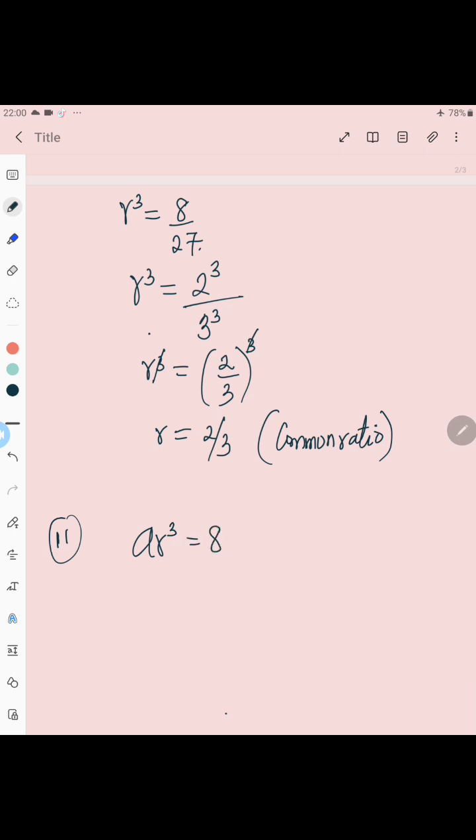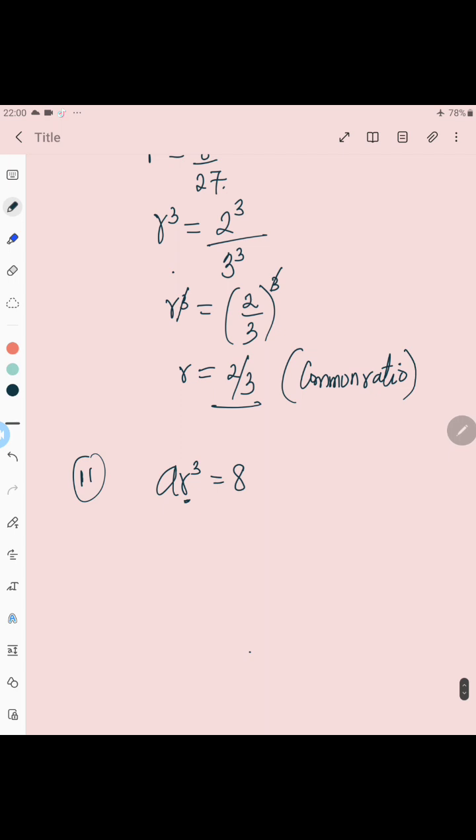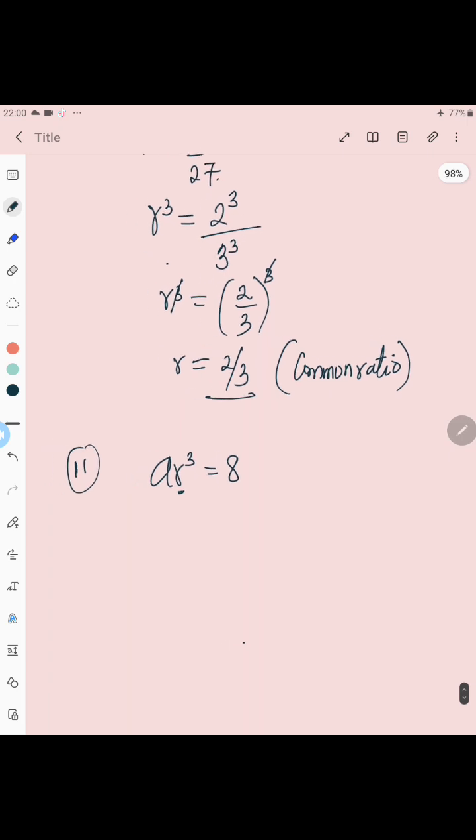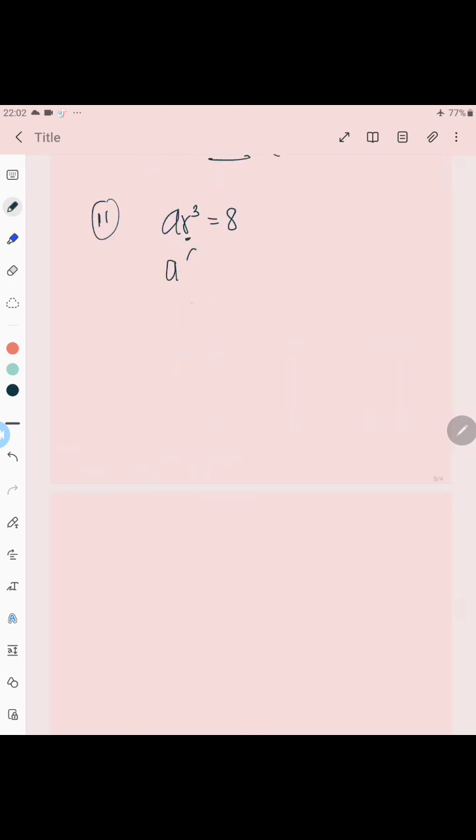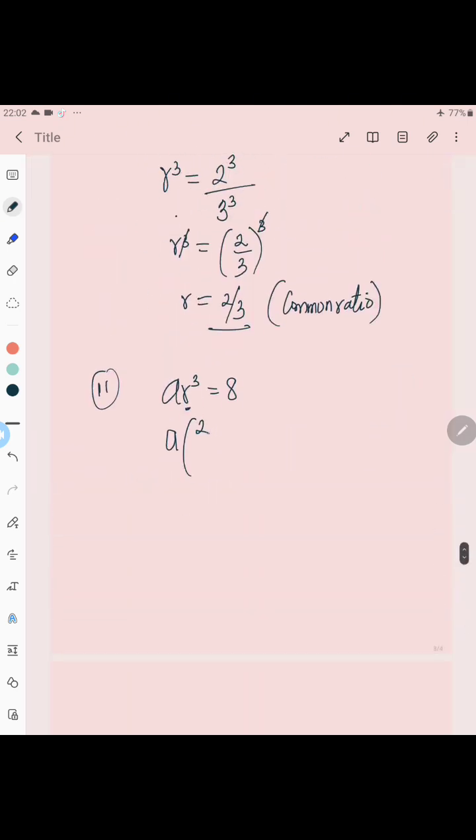Okay, so we have our common ratio already from the first question, which is 2 over 3. So all we need to do at this point is to substitute in the value of the common ratio to get the first term, which is A. So this becomes A multiplied by the common ratio, 2 over 3, all to the power of 3 is equal to 8.